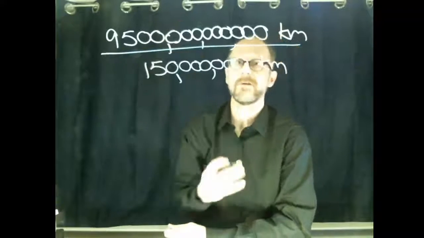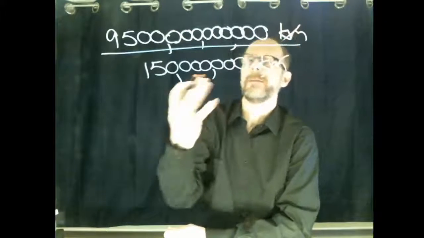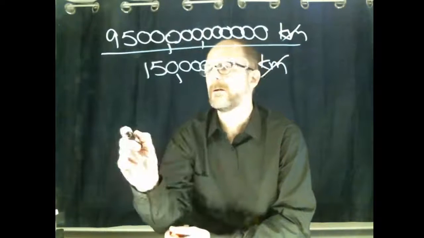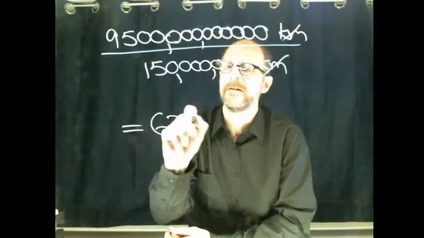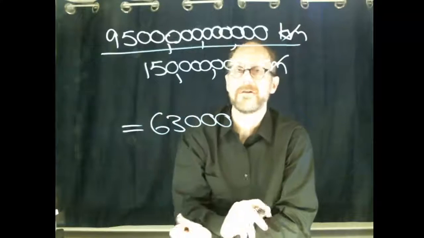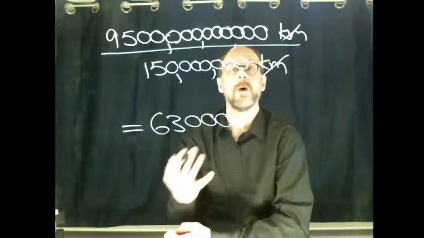That ratio is going to give us a pure number. How many astronomical units fit into 1 light year? And the number you get is 63,000. So 63,000 astronomical units is equal to 1 light year.